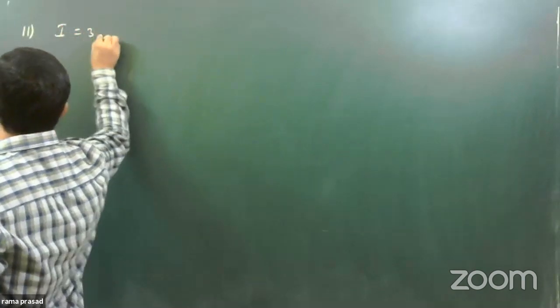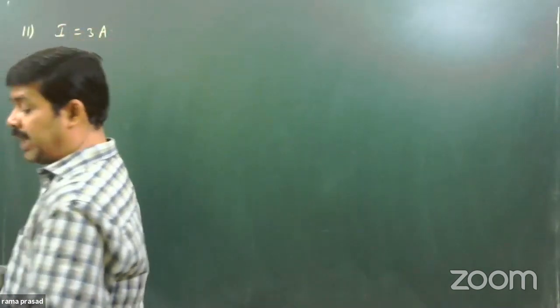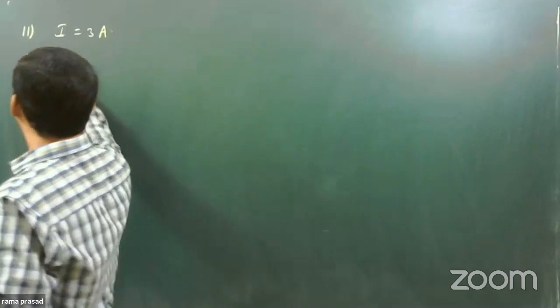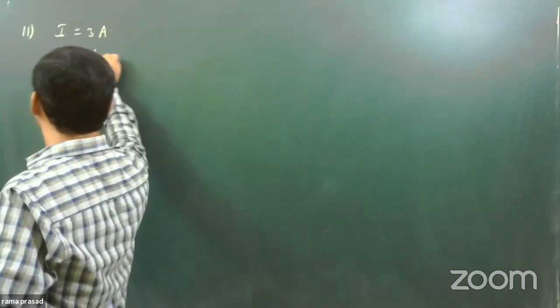In your problems, problem number 11, I think: a current of 3 amp flowing in a linear conductor having length 40 centimeter.